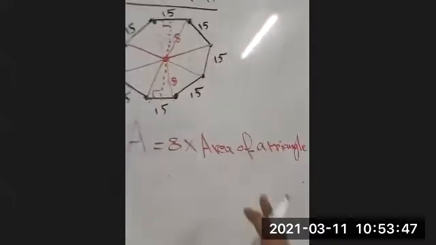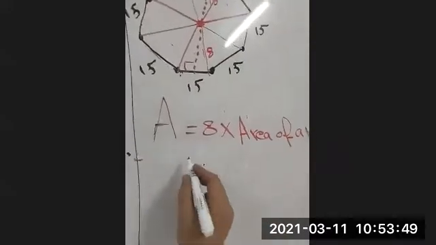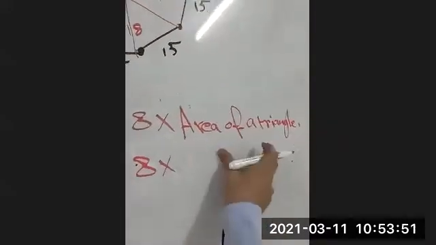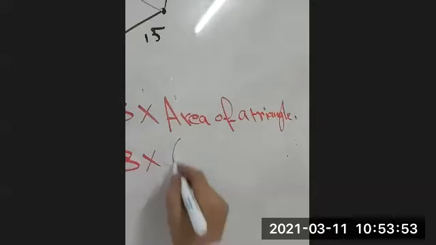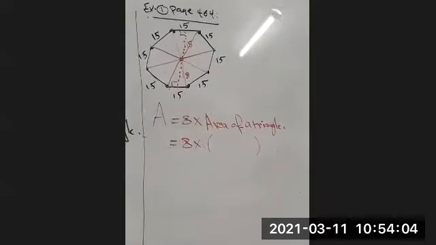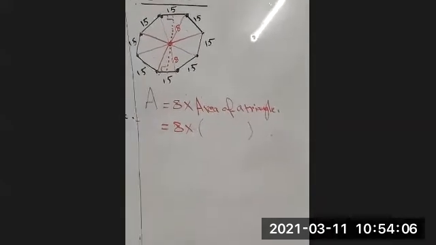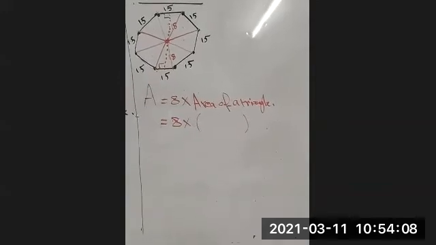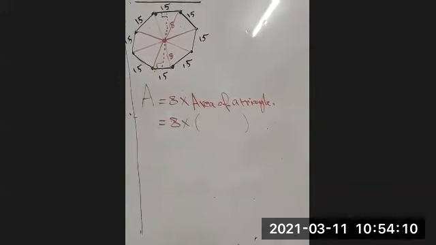So let's go back to our example. This is equal to 8 multiply. What's the area of the triangle? Half multiply B H. Excellent.